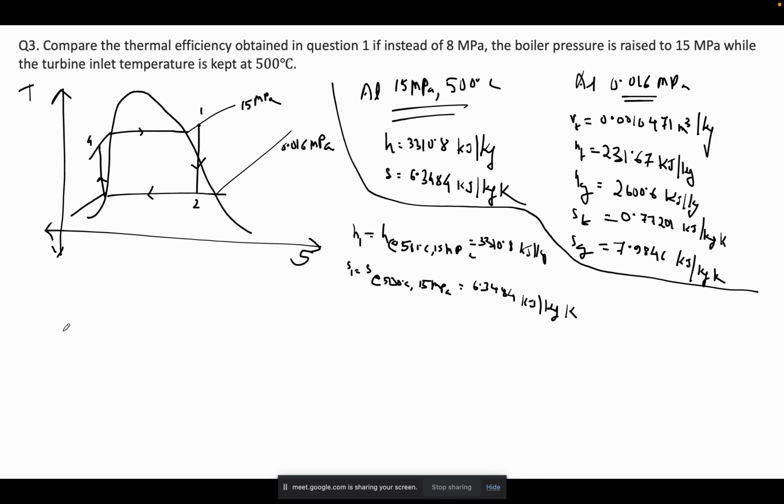Okay, then similar process, S2 is equal to S1 is equal to 6.3484 kilojoule per kg Kelvin. S2 is also equal to SF at 0.016 plus X2 times SFG at 0.016 megapascal.